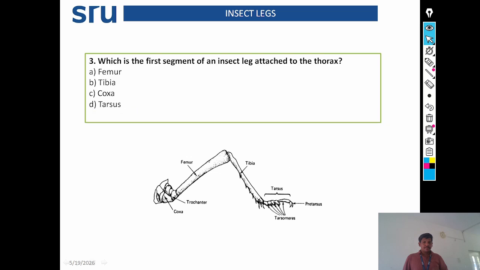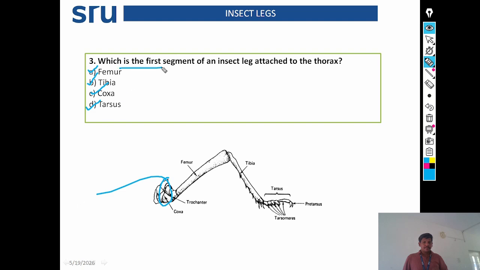Next question. Which is the first segment of an insect leg that is attached to the thorax of the insect? Option A, femur. Option B, tibia. C, coxa. D, tarsus. So here the correct answer is coxa.